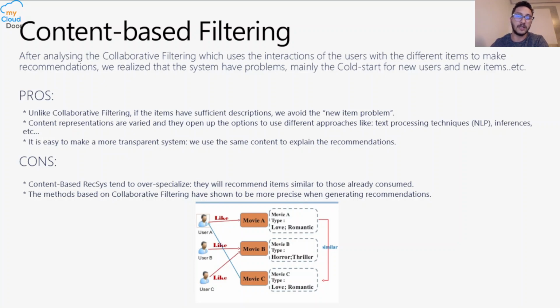Based on the descriptions and the content in the item, we can find the similarity between that item and other items, and that way we can recommend it, no problem at all. So that solves the cold start problem and the new item problem.